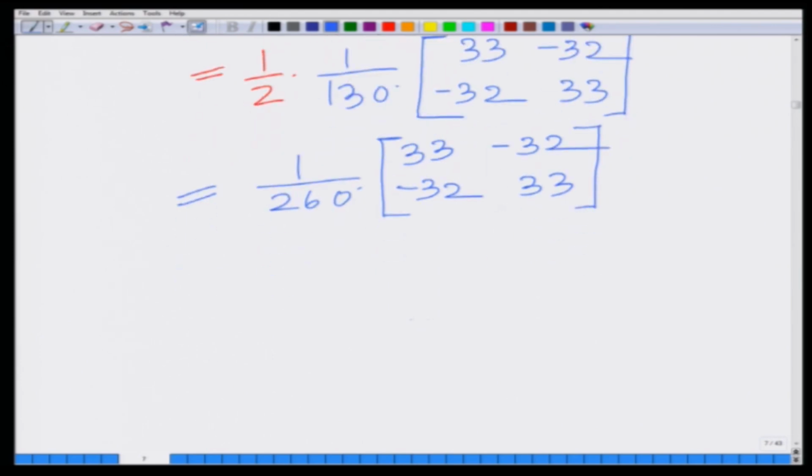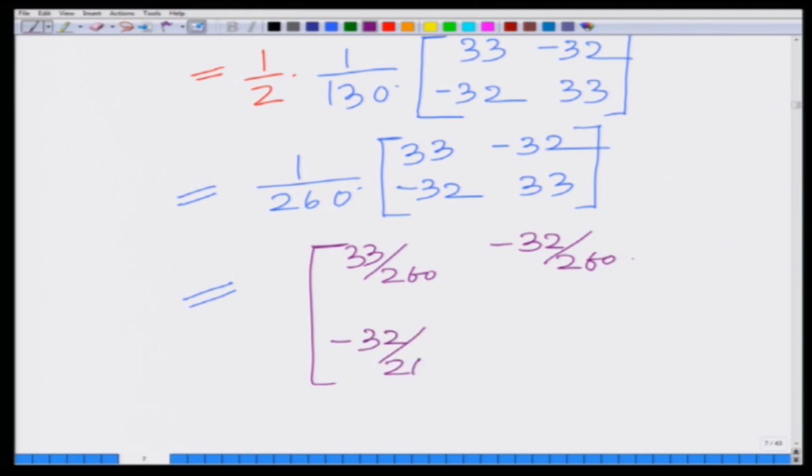Therefore, I can write this as the 2 cross 2 matrix: 33 over 260, minus 32 over 260, minus 32 over 260, and 33 over 260.